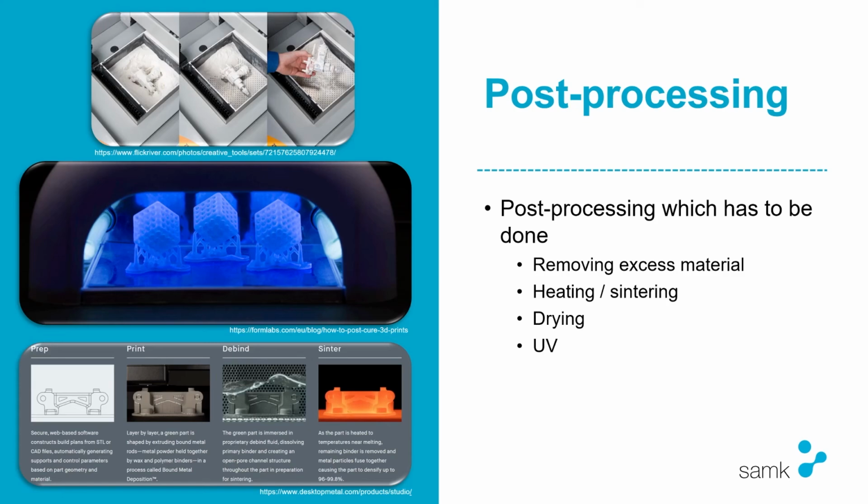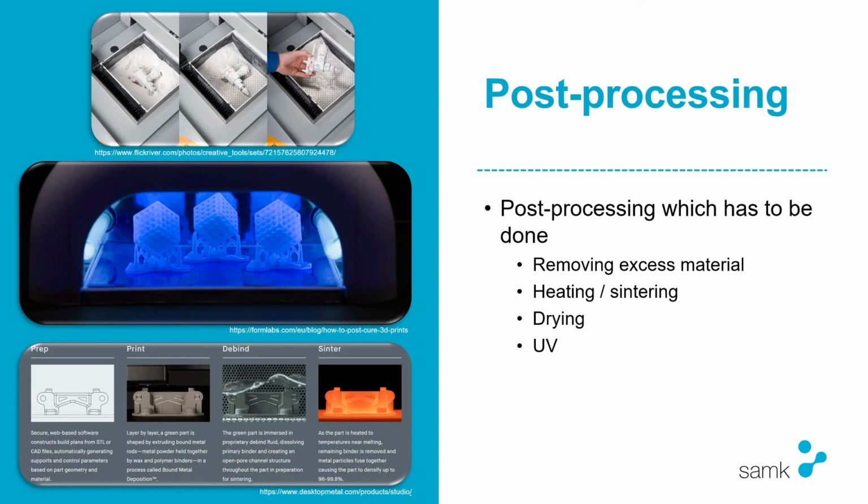You have to suck the excess powder from the print bed, and then clean the powder off the print itself in a chamber. In SLA technology, like seen in the image in the middle, you have to cure the parts after the print is done. You first wash it, and then cure it with UV light.